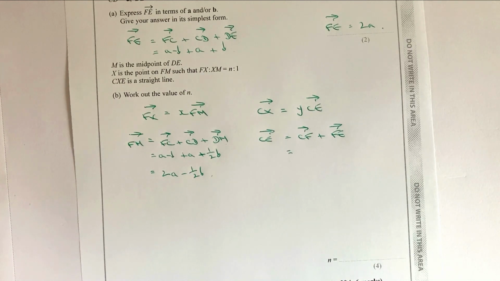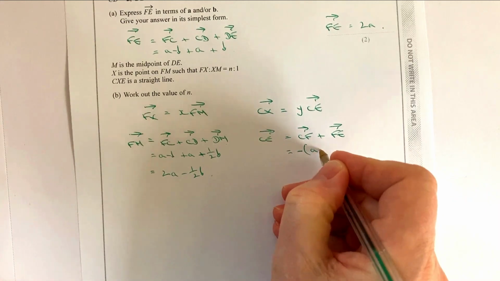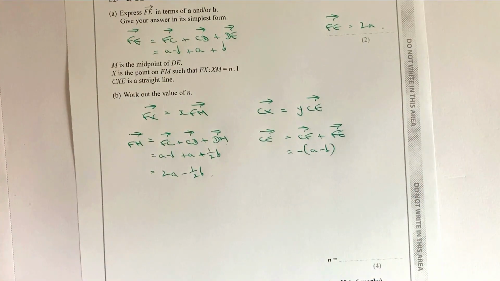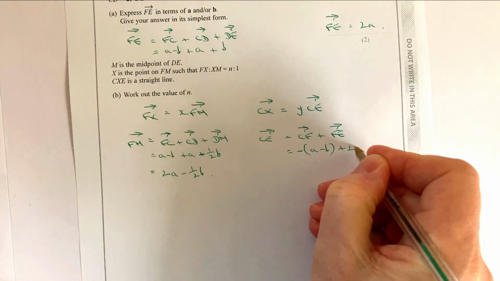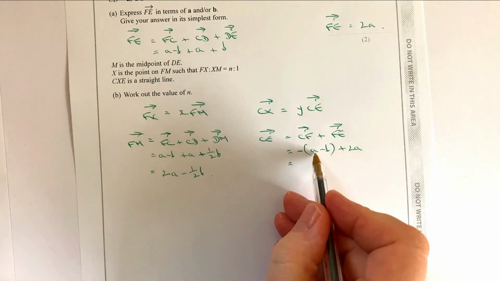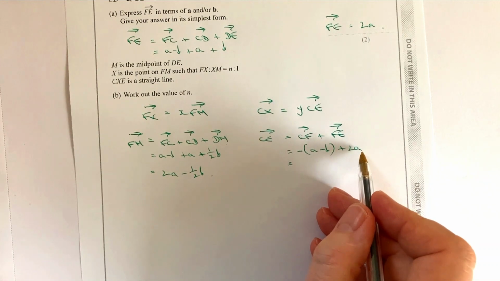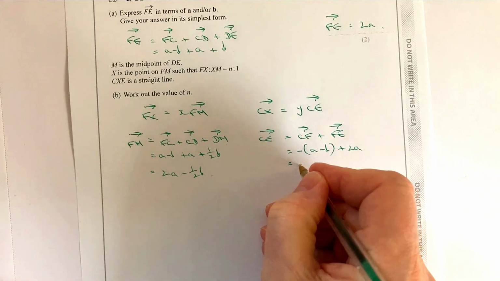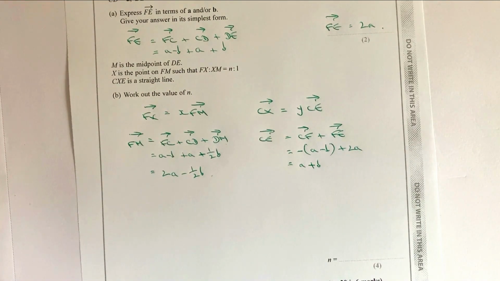It's in the opposite direction to CF, so therefore it's going to be minus a minus b, and we know that FE is going to be 2a because we worked that out in the first question, so that's plus 2a. When I simplify all of that together, I've got minus a plus b plus 2a. That will all work itself out as a plus b. So now I've got two vectors. I know FM and I know CE.